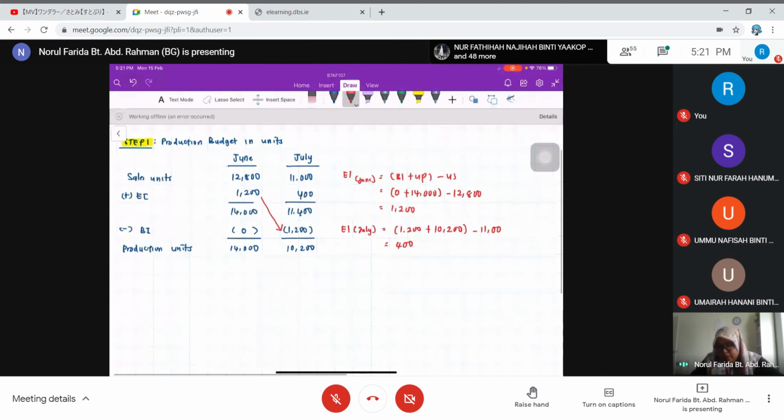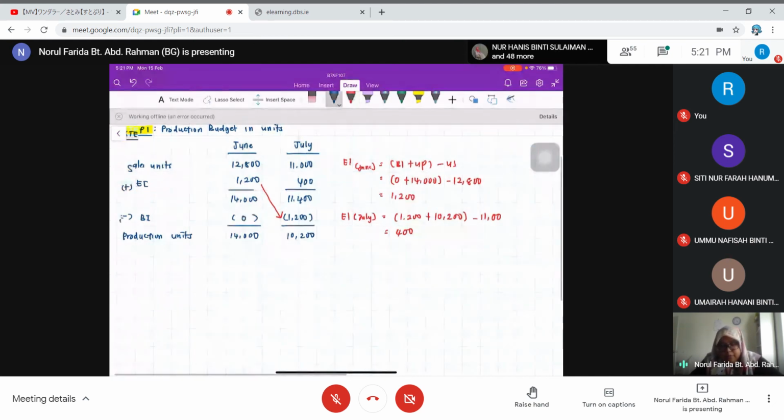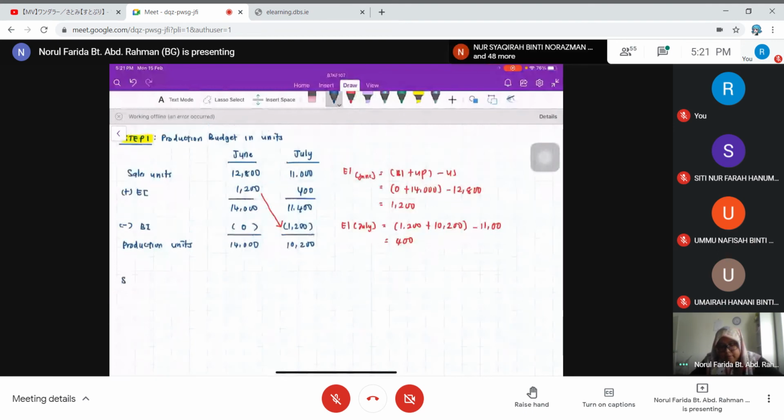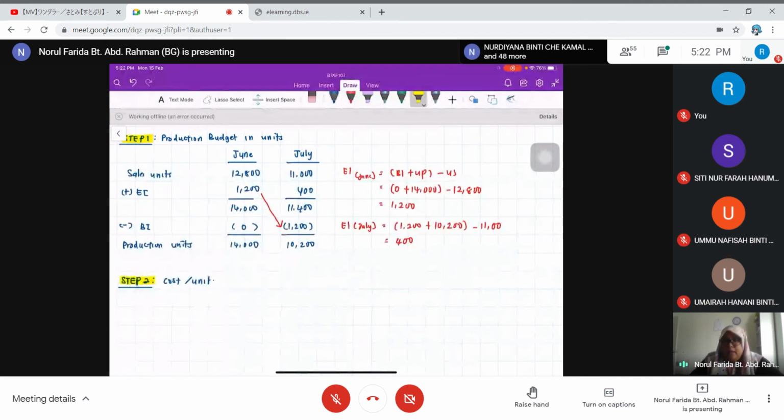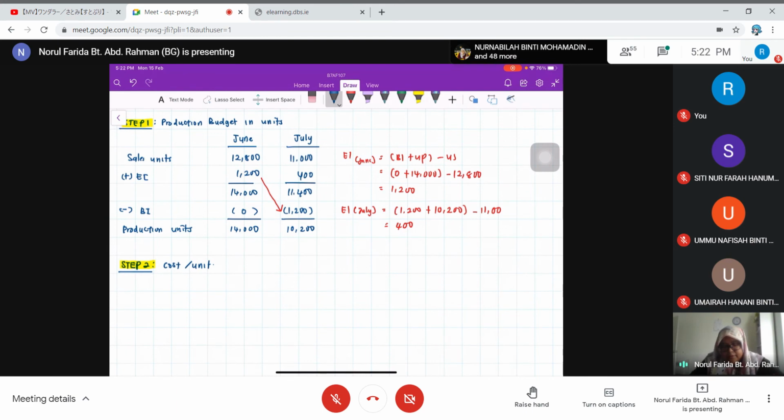Production units, right? Step 2 adalah cost per unit. Alright. Marginal costing dia hanya ambil kira variable cost sahaja. Right?